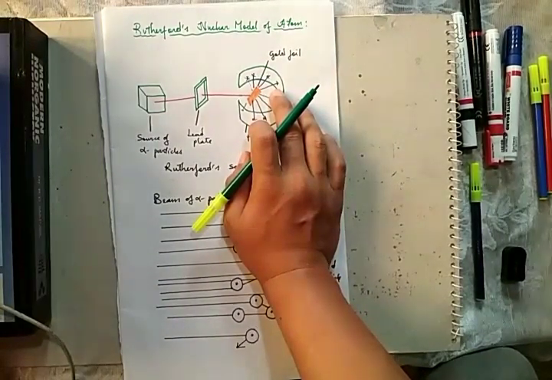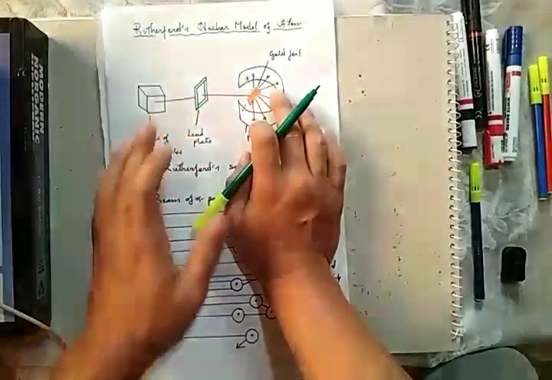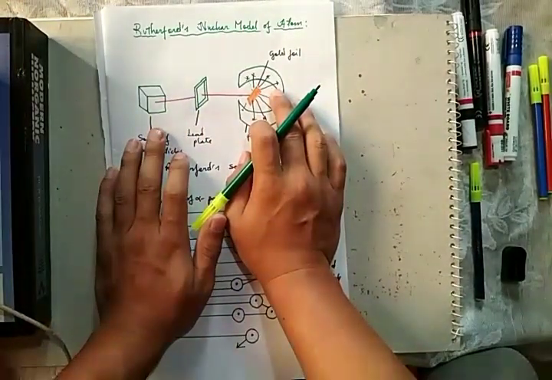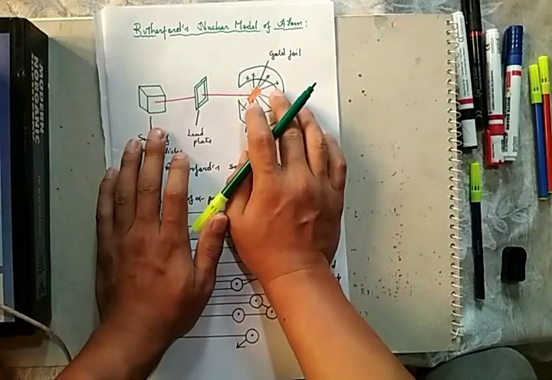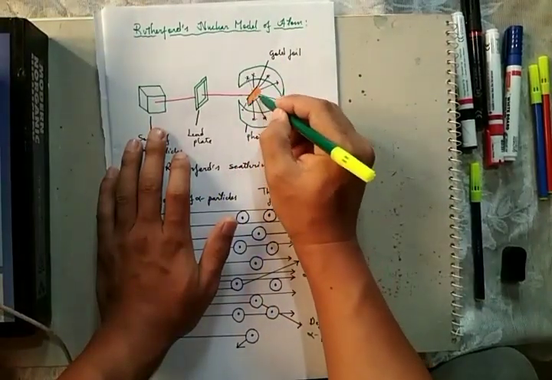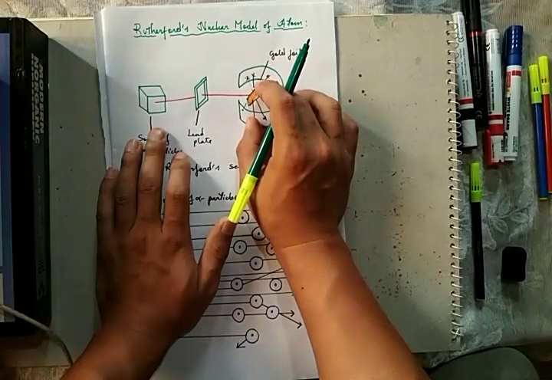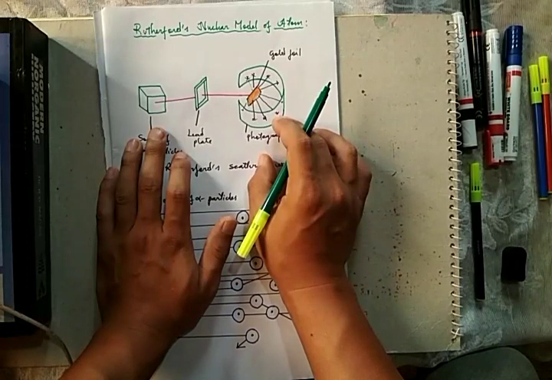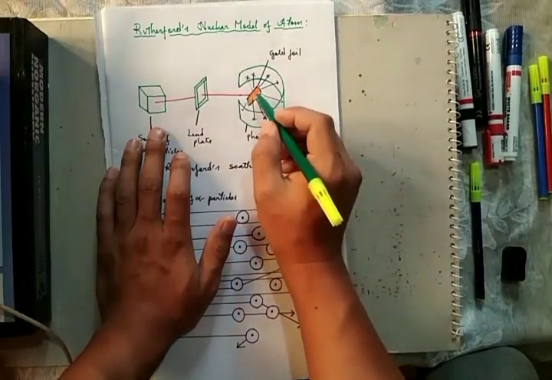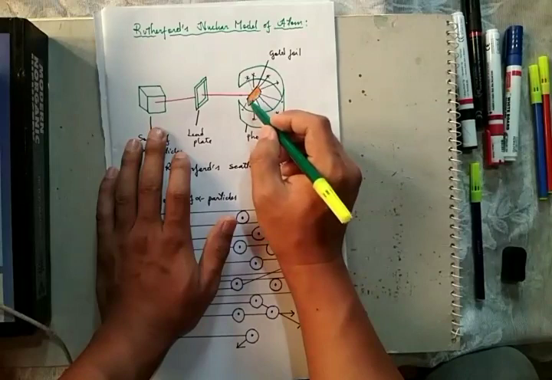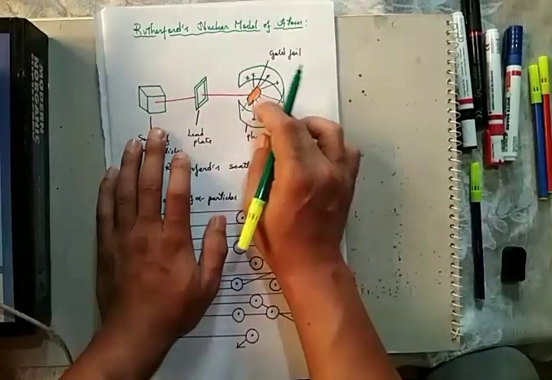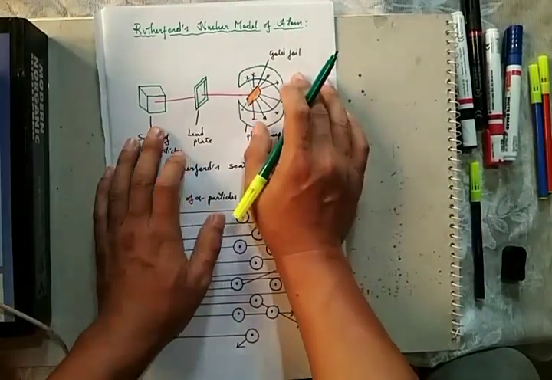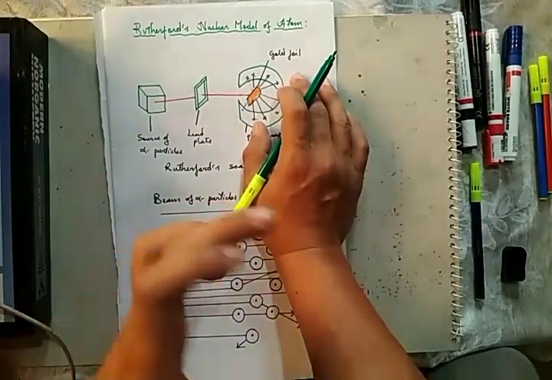According to this model of atom, Thomson considered the gold atom to be evenly spread. So with an evenly spread gold sheet and alpha particles, when they hit, they might deflect.